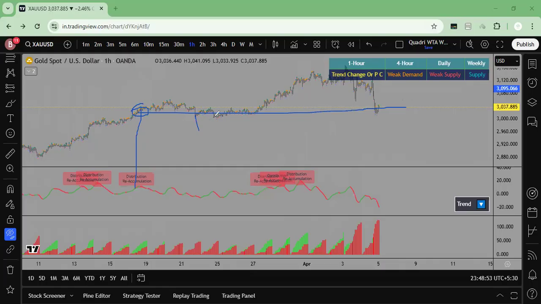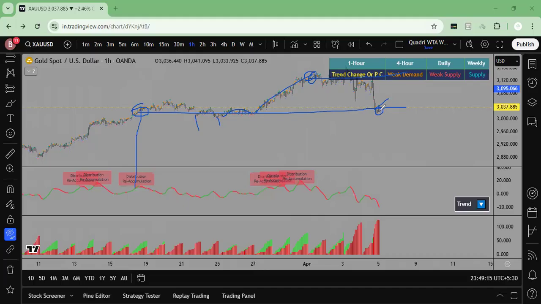This was a rejection, then again a rejection. Then after that, we got this move. We are expecting a bounce back from this particular point. And if this bounce back happens, this was the last distribution which has taken place.